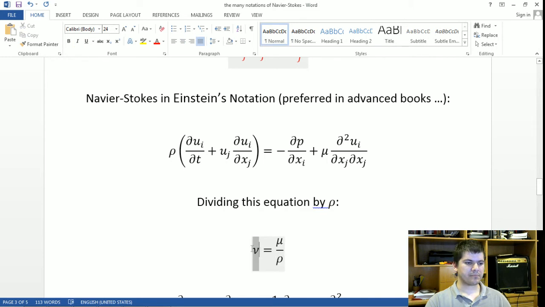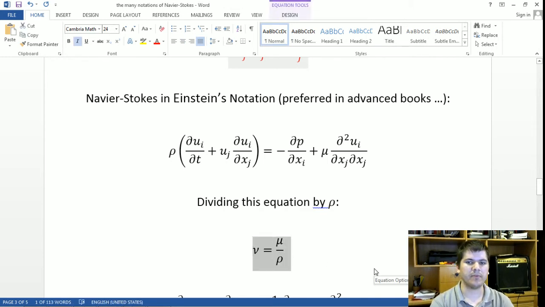So be careful when you look at some tables regarding your fluid, which can be water, air, or any Newtonian fluid with constant dynamic viscosity. You have to keep in mind whether you're looking for the kinematic viscosity or the dynamic viscosity.